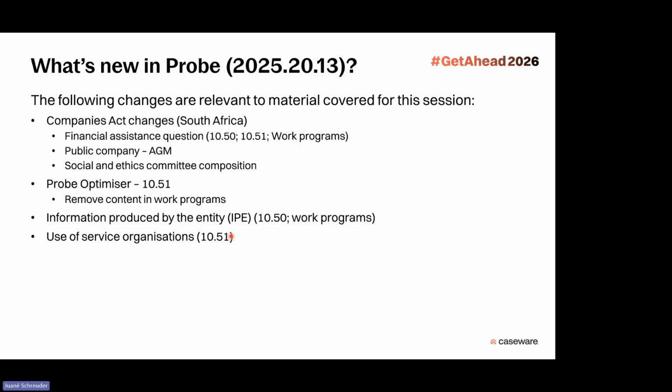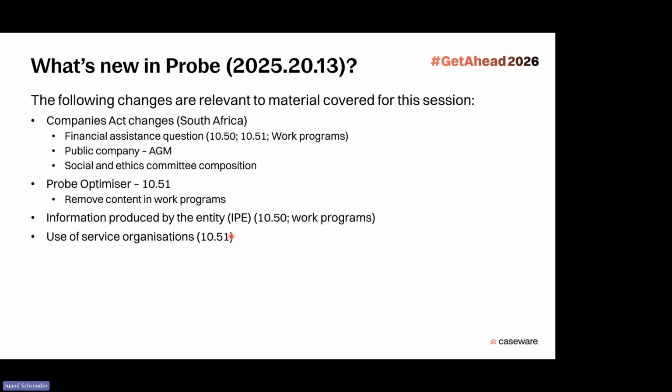They don't have that system by themselves in their own business. Then we will, as auditors, have to consider to what degree we're going to rely on the service organization and apply some requirements there.